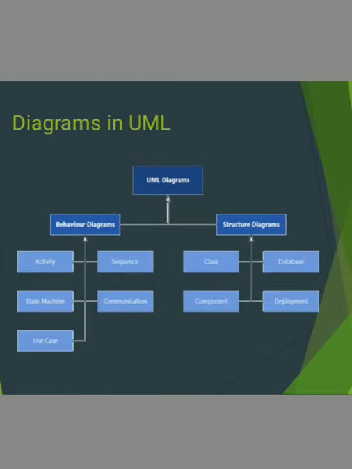Next, diagrams in UML. Here, there are two main types of UML diagrams: structural diagrams and behavioral diagrams. In structure diagrams: logical diagrams, class diagram, object diagram, then physical diagrams, component diagram, deployment diagram, composite structure diagram, and package diagram.